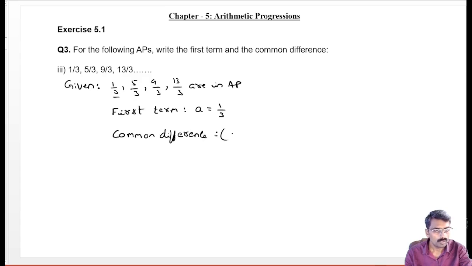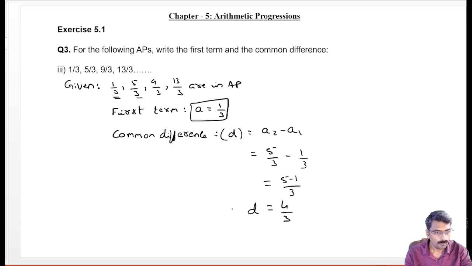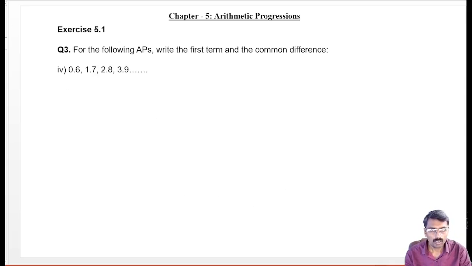Common difference D is equals to A2 minus A1. So this is our A2, this is our A1. So that would be equal to 5 by 3 minus 1 by 3, which is equals to 5 minus 1 by 3, that is equals to 4 by 3. This is our common difference. So our answer is first term A is 1 by 3 and common difference D is equals to 4 by 3.